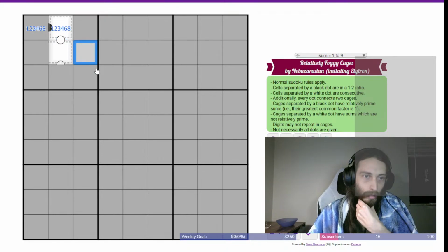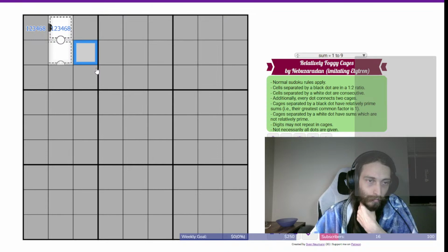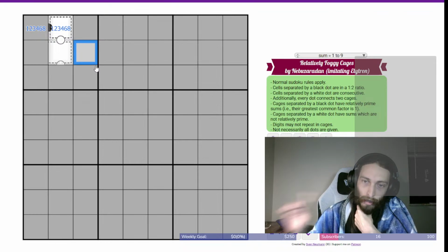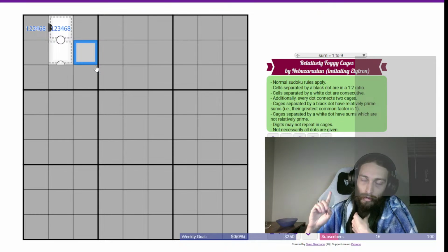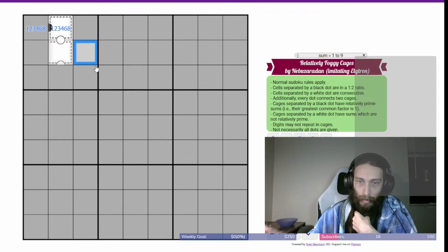And we know that black dots are coprime, or relatively prime. Their greatest common factor is 1.